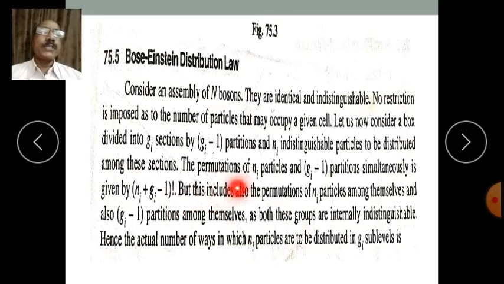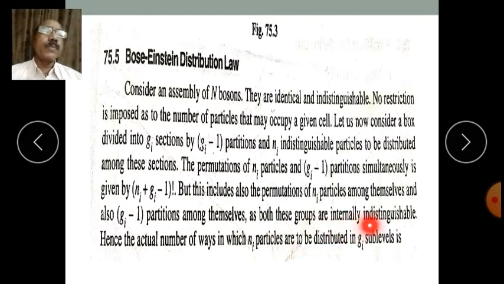But this also includes the permutations of Ni particles among themselves and of Gi minus 1 partitions among themselves.